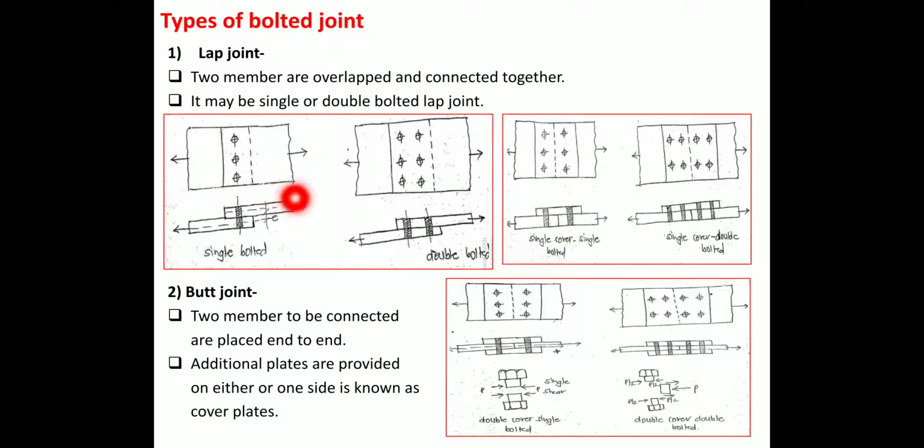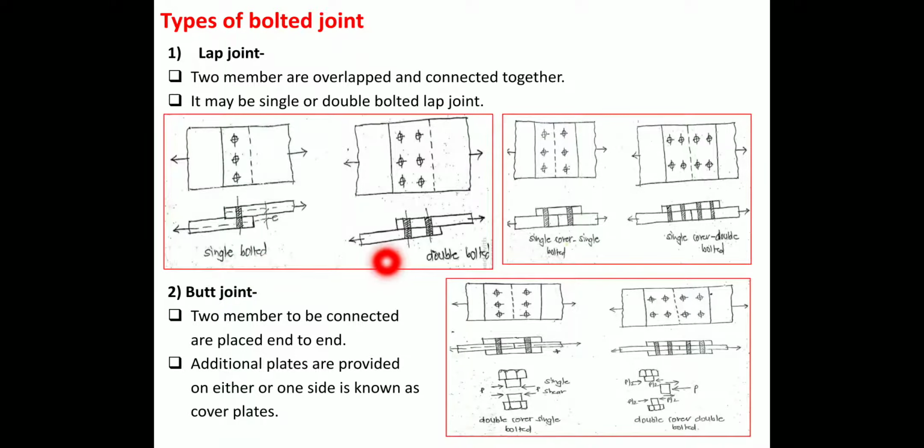When it overlaps over the other, which is connected by this bolted connection, if you see from the side view, one plate is placed over the other plate. Here whatever load is applied, it is tensile. So this type of connection or bolted joint is known as a single bolted joint.